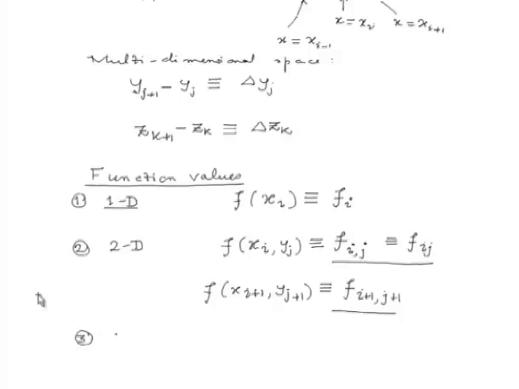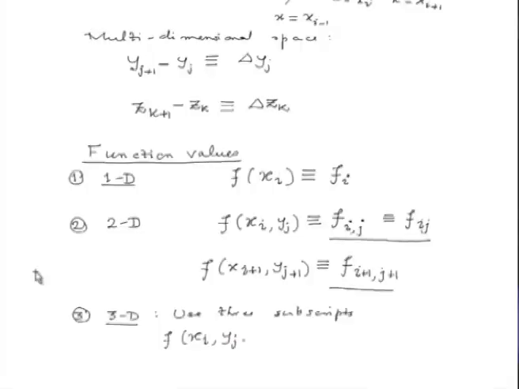Now, let us see what we do in 3D. In 3D we will use 3 subscripts, that is f at xi, yj, zk. This we would represent by f i comma j comma k, or alternatively we can omit the commas in this case and write f i j k.